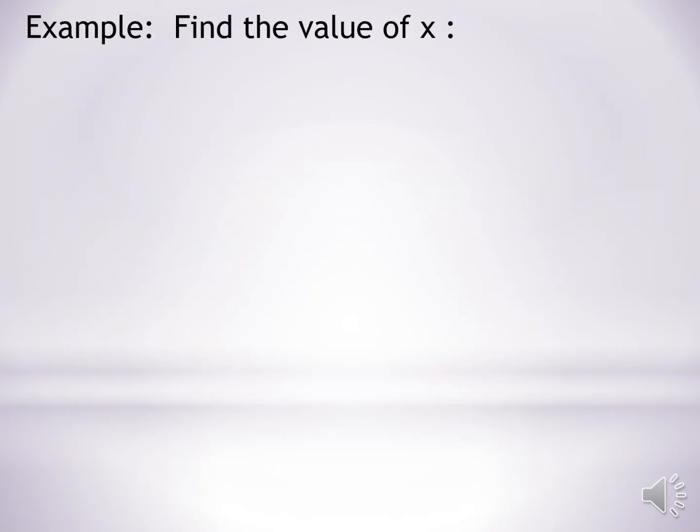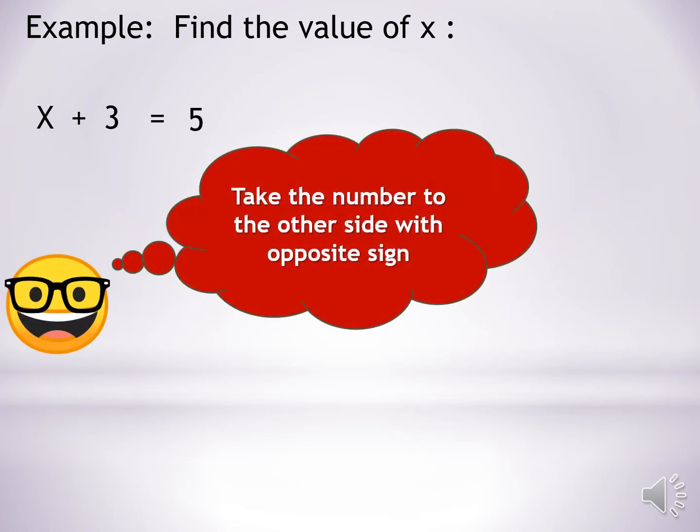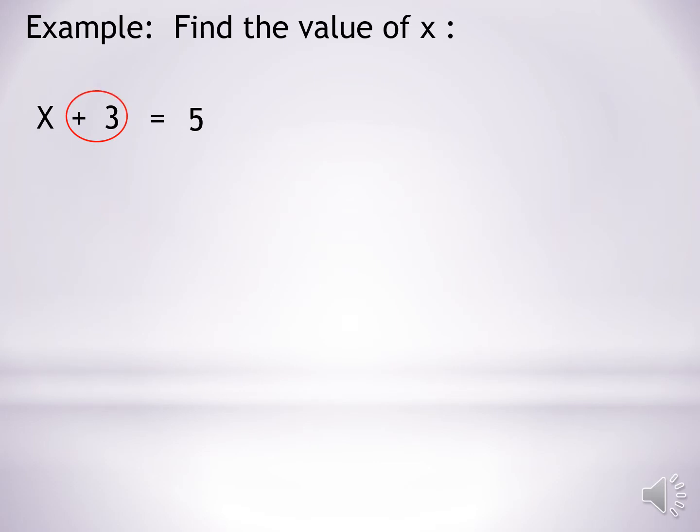Let's take an example. Here I want to find the value of x. I have x plus 3 equals 5. So, I have to take the number to the other side with the opposite sign. So, I will circle plus 3 and I will send it to the other side, but with the different sign.